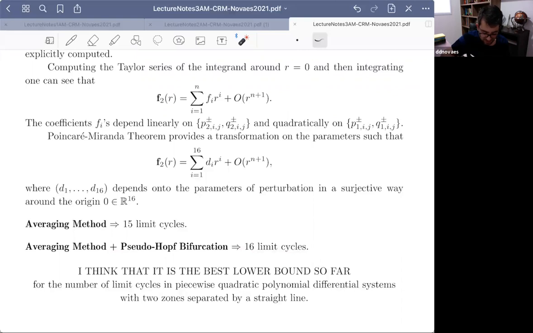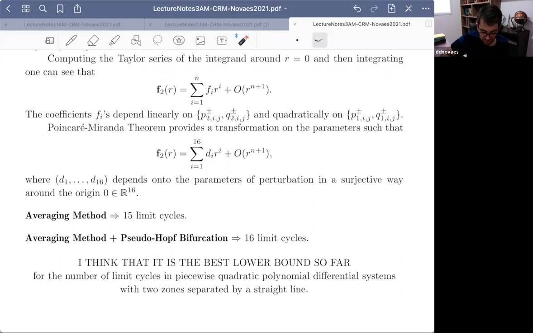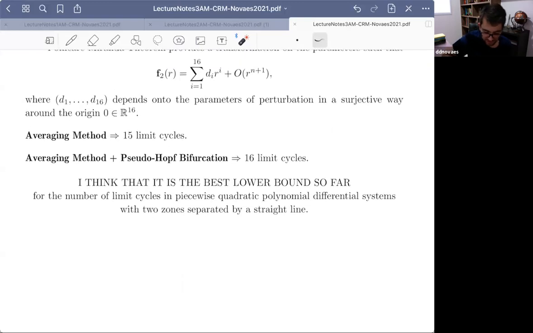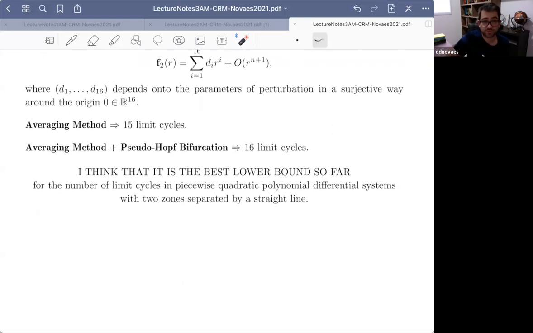And I think that it's still the best lower bound so far for the number of limit cycles in quadratic piecewise systems with two zones separated by a straight line. I don't know, perhaps Joan could inform us if this is still the best lower bound.